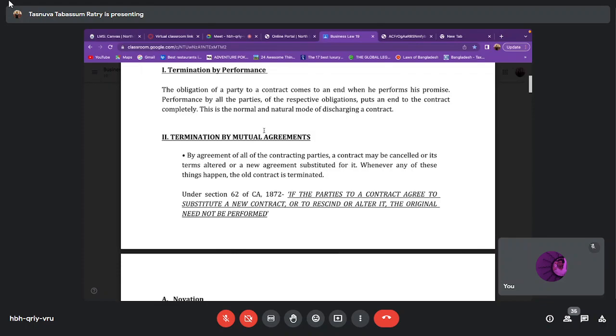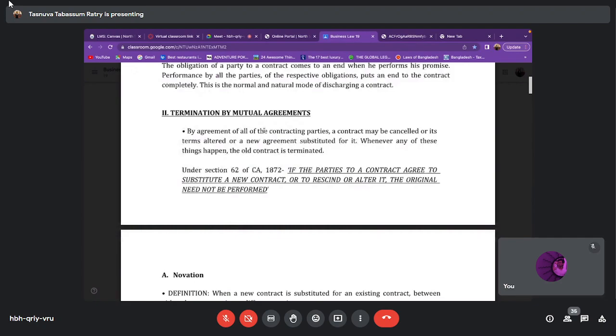Under Section 62 of the Contract Act 1872, it is stated that if the parties to a contract agree to substitute a new contract, or they rescind or alter the terms and conditions of the contract, the original contract need not be performed. As a result, the original old contract will be terminated.